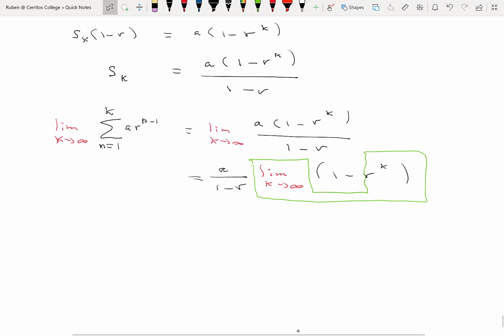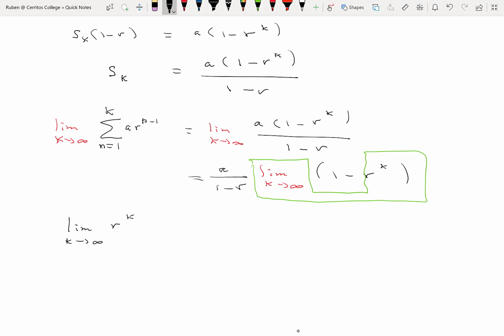Let's take a look at what this all boils down to. This all boils down to what happens with the limit as k goes to infinity of r to the k. Now remember, that r is the fraction of your previous order that you order for your next order.